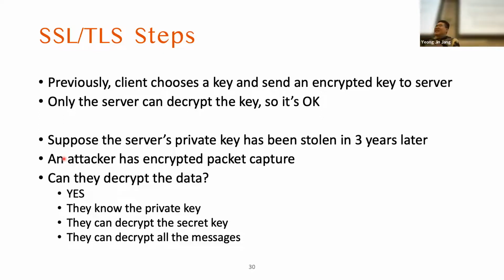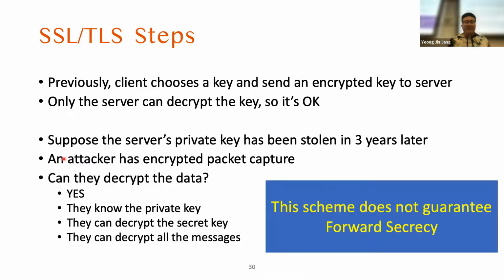Then attackers can decrypt all prior data, because the client chose a random key and sent it encrypted with the public key. If we have that capture, and 3 years later we steal that private key, then we can decrypt all the data. That means this scheme does not guarantee forward secrecy.